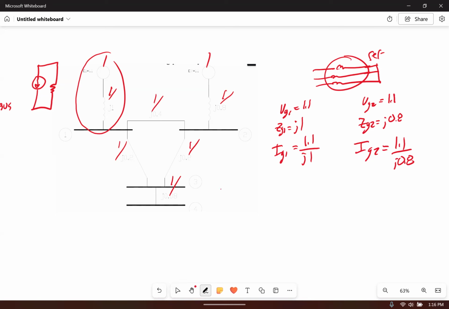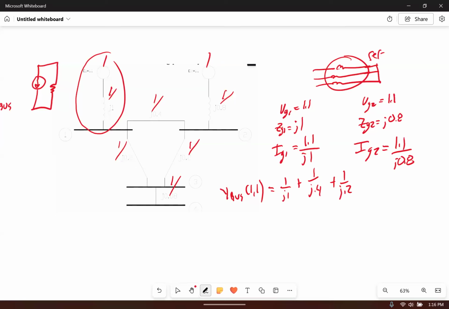I'm going to call this Y bus, and this is going to be in row 1, column 1. So Y bus 1,1 is equal to the sum of all the admittances connected to bus 1. So it's 1 over j1 plus 1 over j0.4 plus 1 over j0.2.